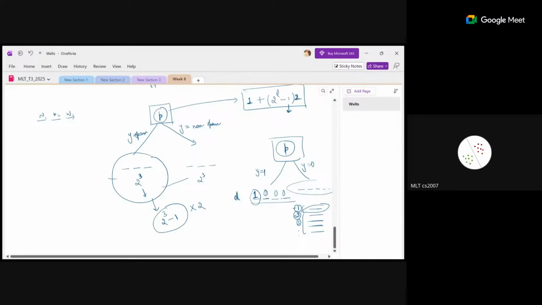For word 1, there is a coin which you will toss, and based on that you will have some probability. If it's coming from a spam email, denoted in the superscript, what is the probability of word 1 with label 1? For the second one, what is the probability of word 2 with label 1, and so on.